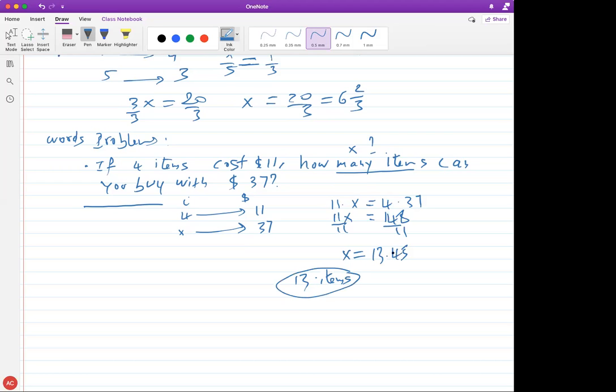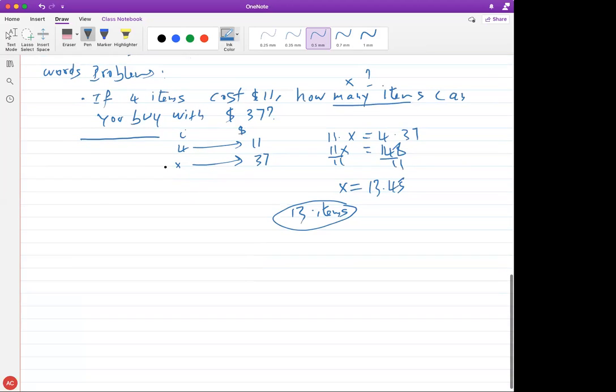You got a little bit of money left based on this change. That's one example. And you can switch the words instead of items and dollars. You can use people and pizzas or money and something else. It's going to be pretty much the same type of problem. The words might change a little bit, but it will come down to something like this, regardless of the words of the problem.